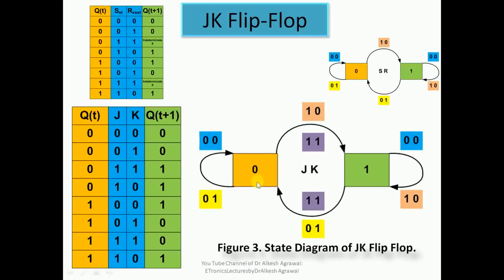Now we'll see this state diagram. If you compare the state diagrams of the SR flip-flop and JK, you see almost all the conditions are the same, except we have two more conditions. Here you can see 1 and 1. In the SR flip-flop, this condition was not permitted, but here in JK we have the same conditions with two more important ones, 1 and 1, that is, J and K can be activated at the same time.